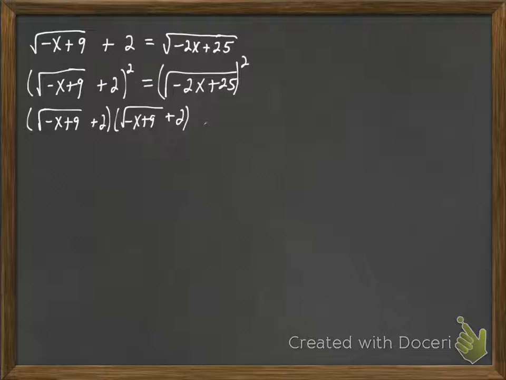And when we multiply that out, square root times itself would cancel out. And we'll have that square root times 2, so that'll give us 2 of those things. Square root times the other 2 will give us 2 more of those things.